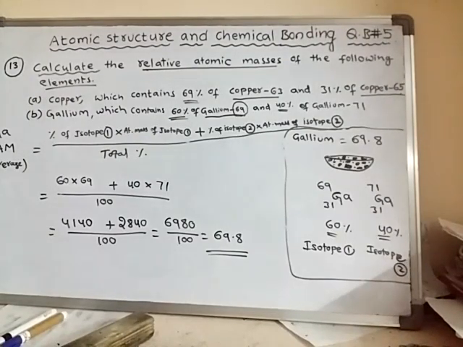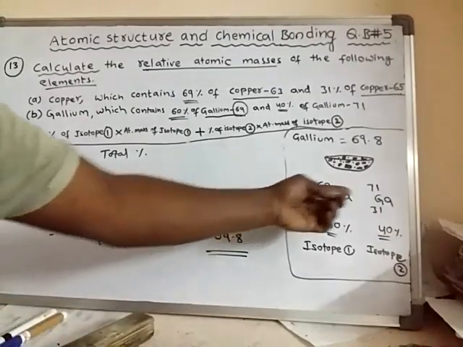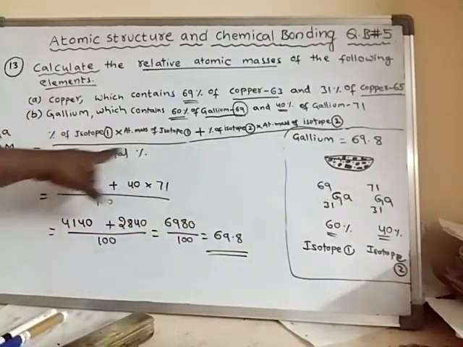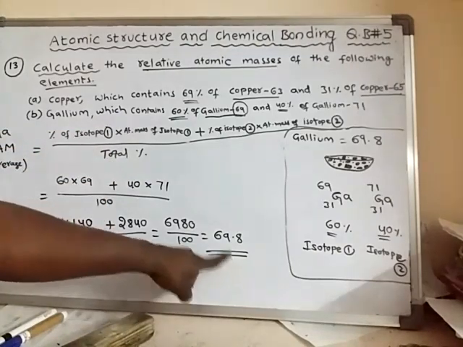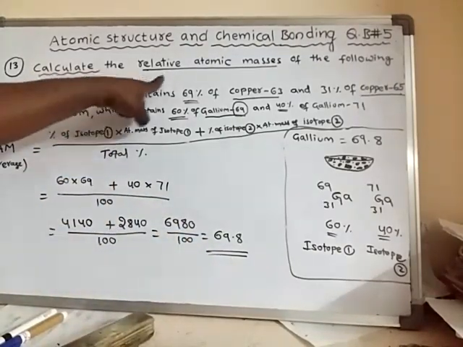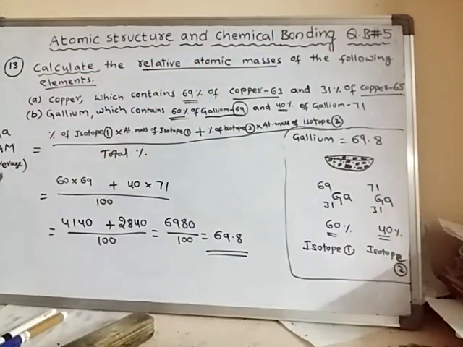So how do we express it? We use this formula, and finally we got the relative atomic mass, or average atomic mass, of gallium as 69.8.